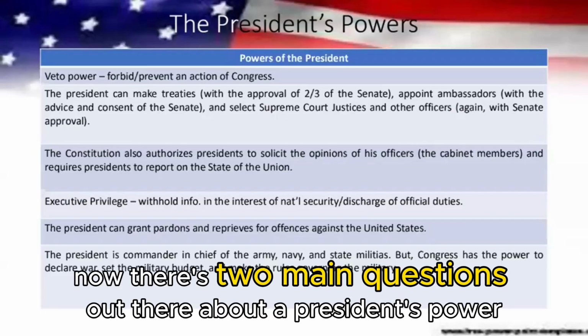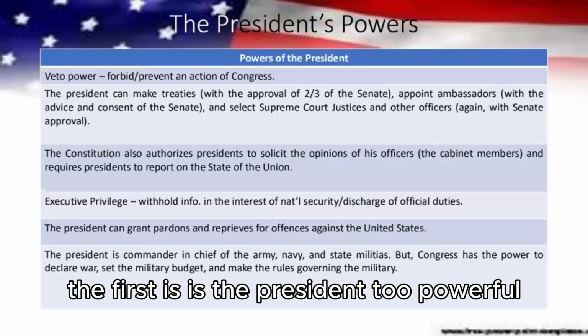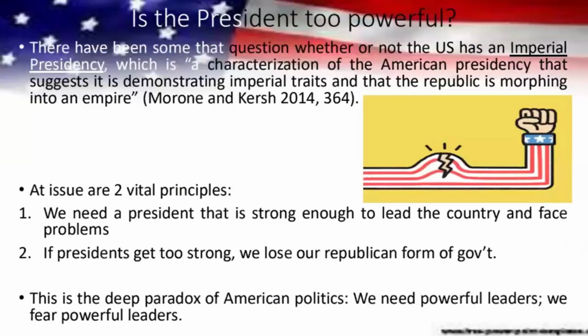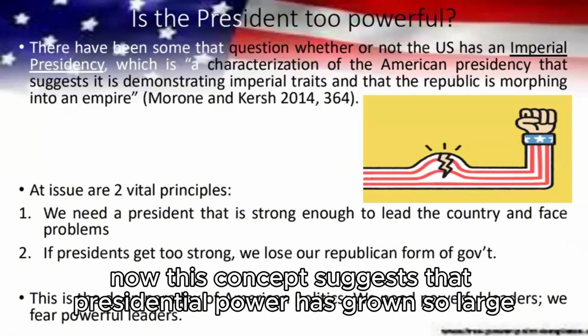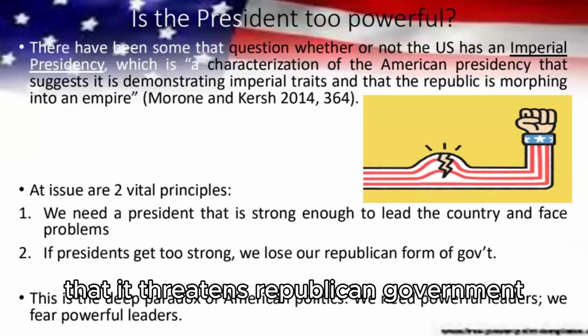Now, there are 2 main questions out there about a president's power. The first is, is the president too powerful? Now, this introduces the idea of what we call the imperial presidency. This concept suggests that presidential power has grown so large that it threatens republican government.